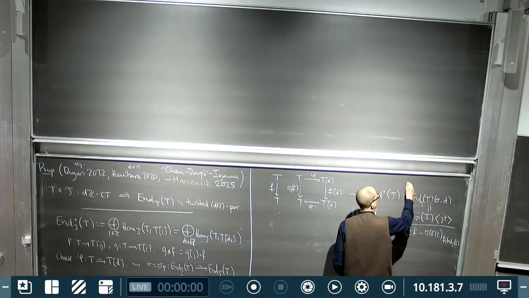So one can check that there is an isomorphism of graded algebras.